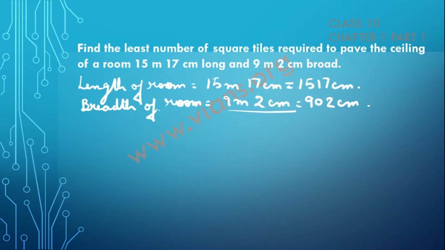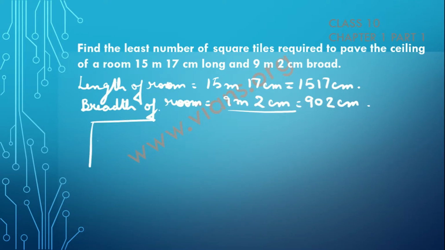So there are two ways to go about this. One is you find the dimension of the tile. To find the least number of square tiles required to pave the ceiling, you need to find the highest length and breadth of each square tile. For example, this is the room.